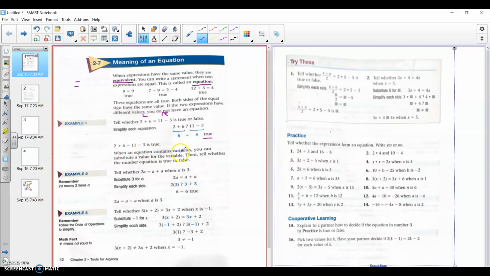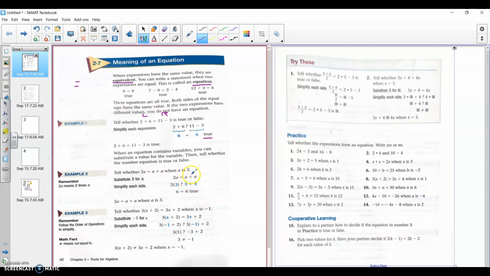When an equation contains variables, again, those are letters, you can substitute a value for the variable, then tell whether the number equation is true or false. So in example number 2, tell whether 2a equals a plus a when a is 3. So they want you to substitute. You're going to put in a 3 here, which is going to be 2 times 3 equals 3 plus 3.